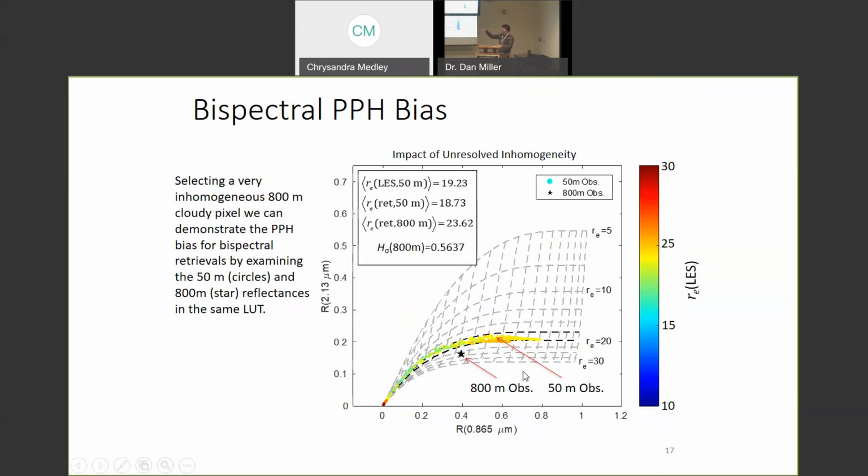So the droplet size from mean reflectances from the satellite resolution perspective is 23.6 micron. But in reality, if I took the mean of all of those subpixel droplet sizes, it should be around 18. And if I took the mean of the actual retrievals at that resolution, it's also around 18. So it's actually just a spatial aggregation issue.